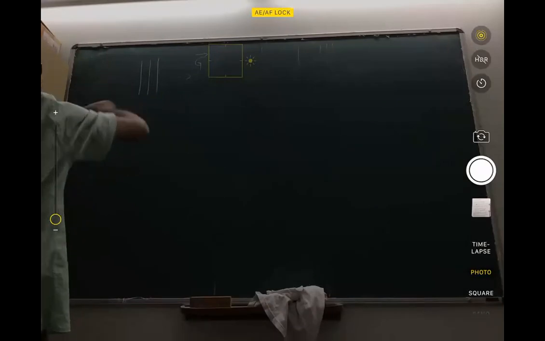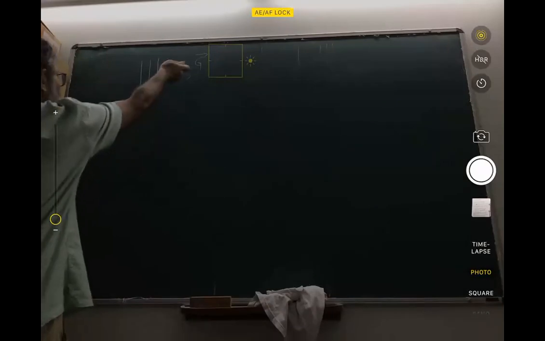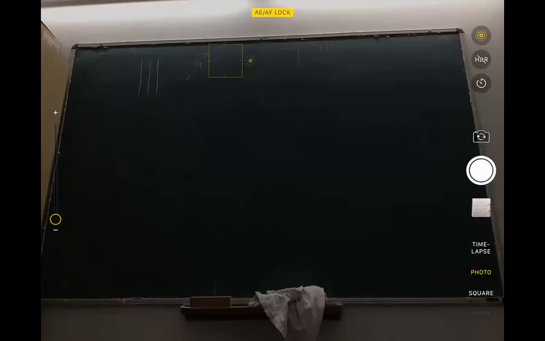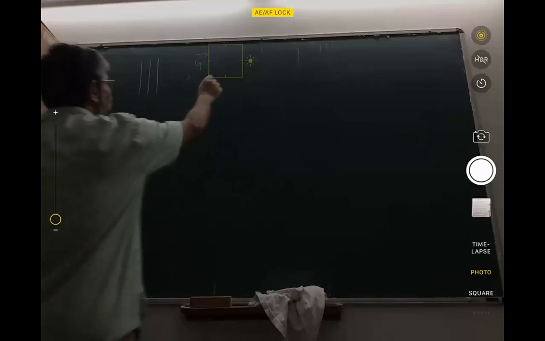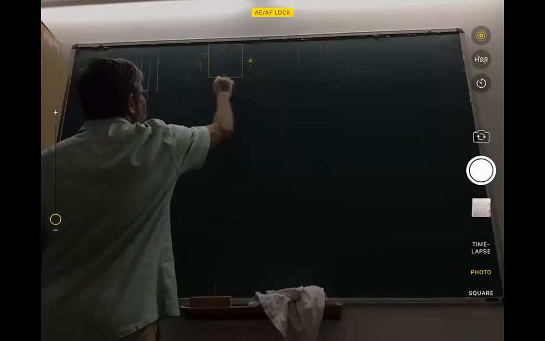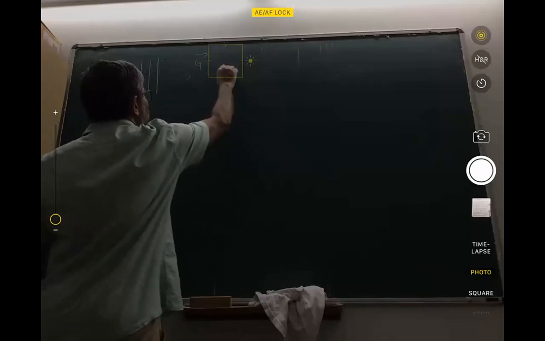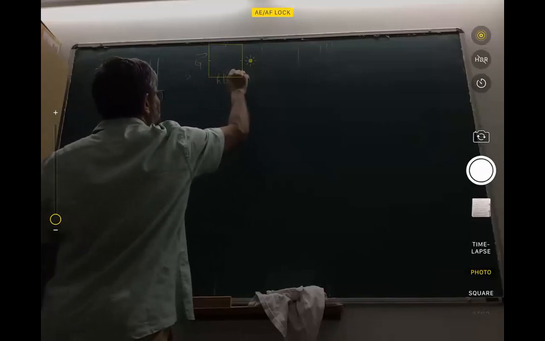So suppose the shortest reciprocal lattice vector perpendicular to this family of planes is h b1 plus k b2 plus l b3, right?